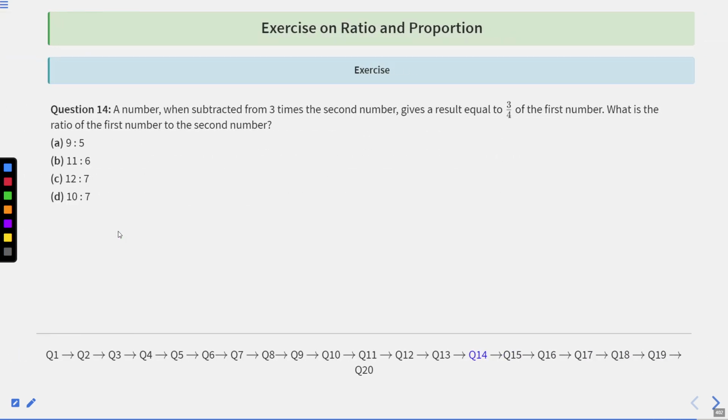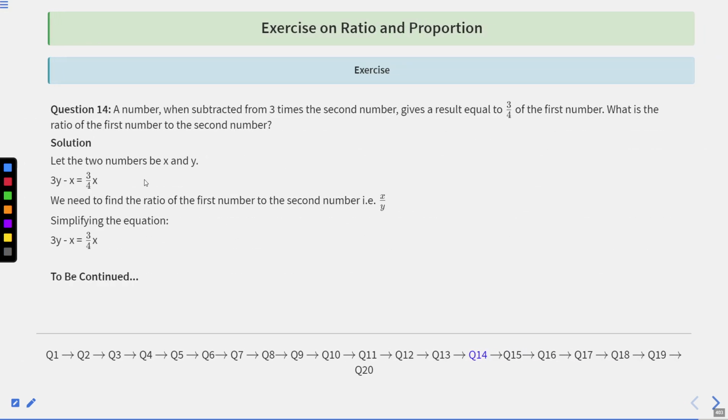Let us now move to question number 14. A number when subtracted from 3 times the second number gives a result equal to 3/4 of the first number. What is the ratio of the first number and the second number? So let us have a look over the solution.